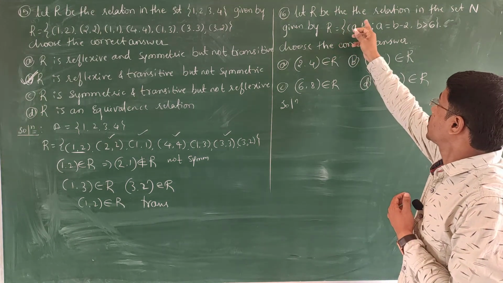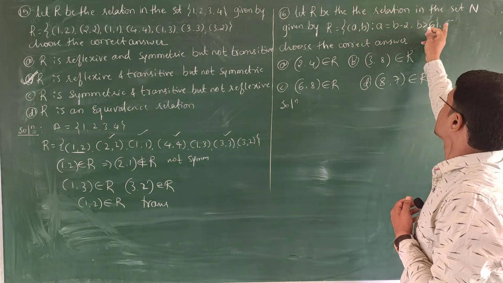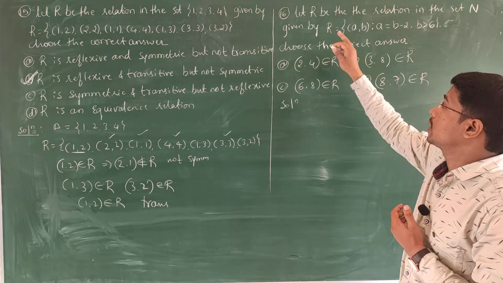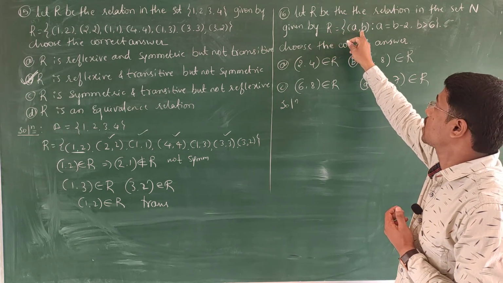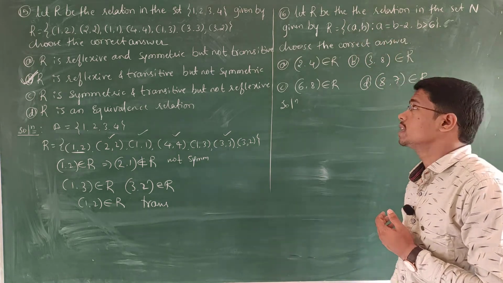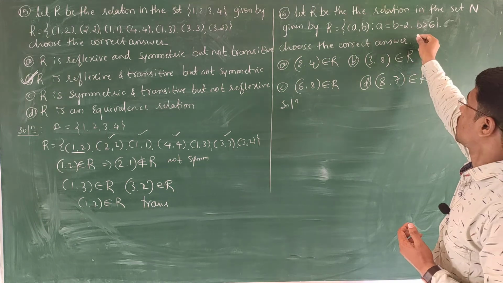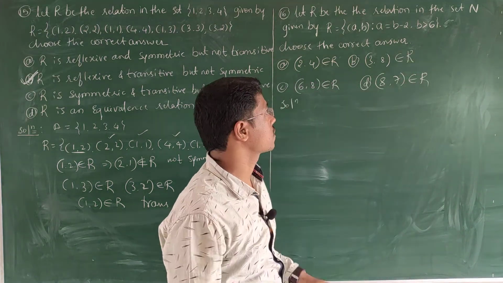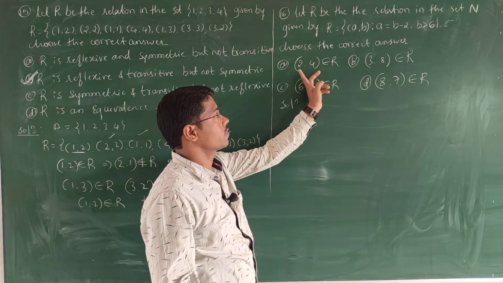Question 16. Let R be the relation in the set N. Set N is the natural numbers here, given by R equal to {(a, b) such that a is equal to b minus 2, b is greater than 6}. So choose the correct answer.